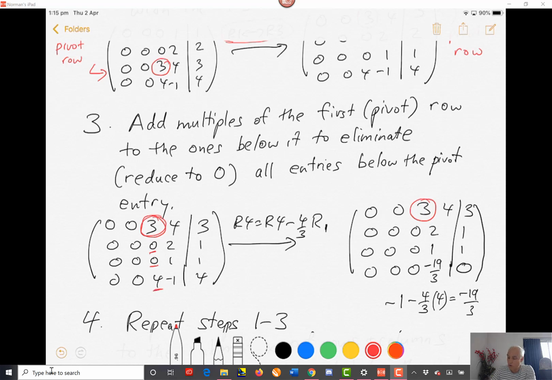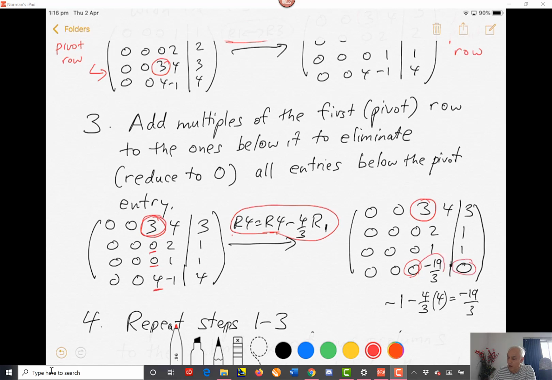So to get rid of that 4, we're going to take row 4, the old row 4, and subtract 4/3 of row 1. 4/3 of row 1 will mean that there's a 4 in that position. So when we do the subtraction, we're going to get a 0 over here. Now, also in the last column, we're going to get a 0 over here.